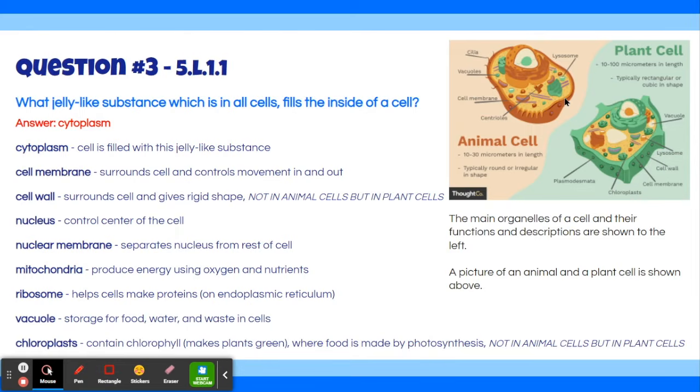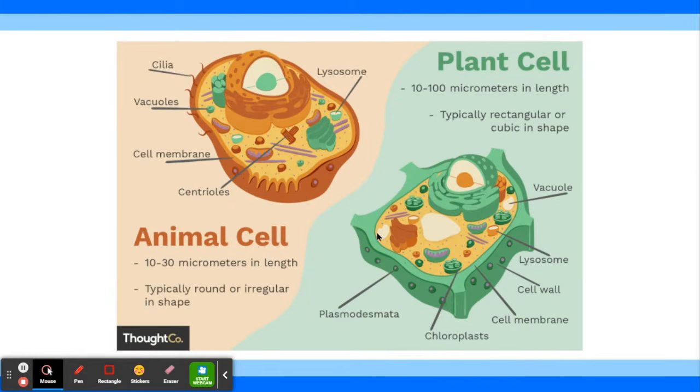And chloroplasts. We all know of chloroplasts. They contain chlorophyll, which makes the plants green, and it is also where food is made by photosynthesis. These aren't in animal cells because animal cells do not make their own food, but they are in plant cells.